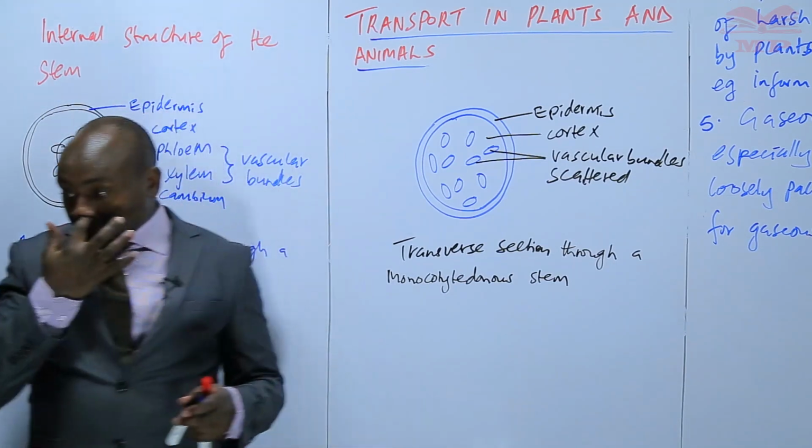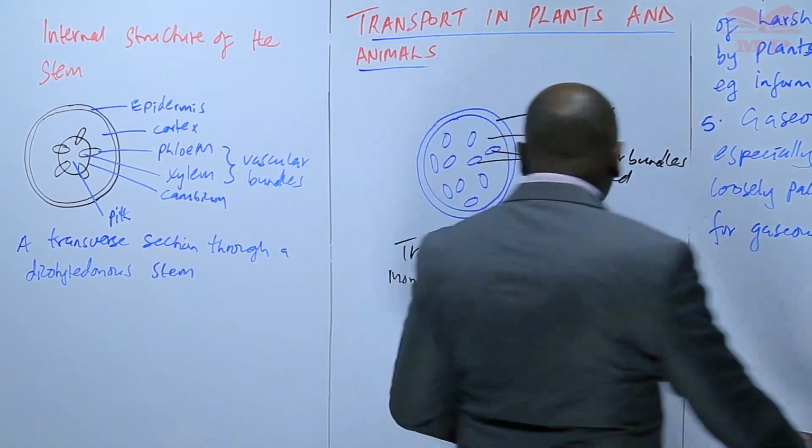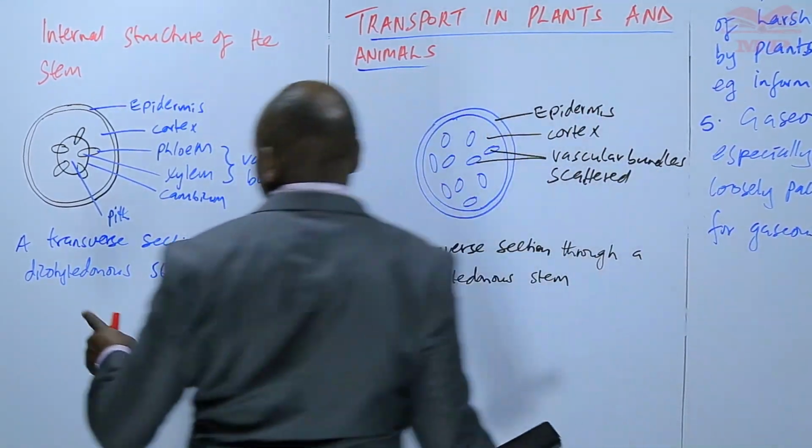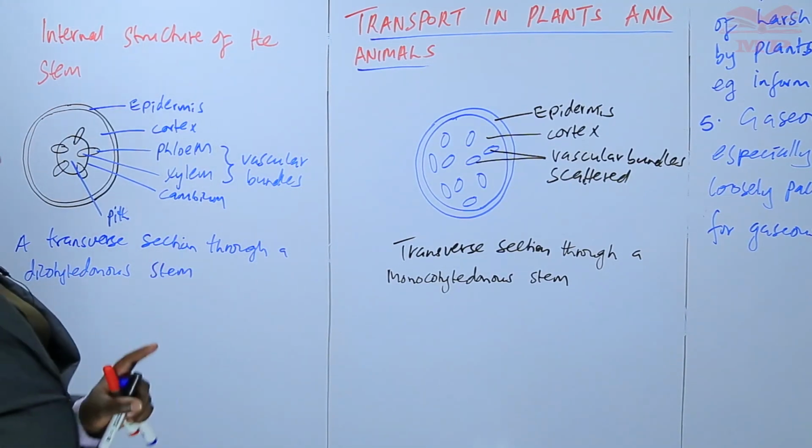We are going to have an assignment on the same, whereby we'll be expected to do a comparison between the dicotyledonous stem and monocotyledonous stem.